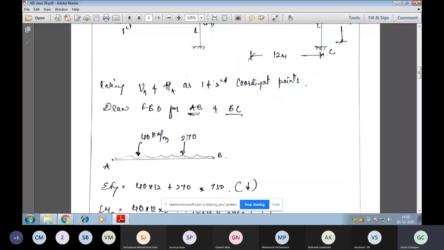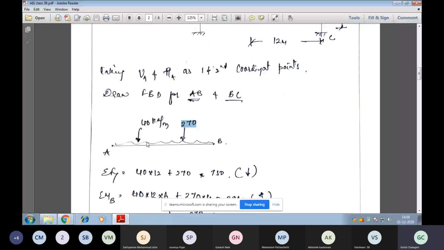A point load of 270 is applied at a distance of 4 meters from B, and the entire beam is subjected to a load of 40 kilonewton per meter. So what could be the forces at B here? B is the joint where continuity exists. A is the released structure, so we can't get any movement or forces at joint A.